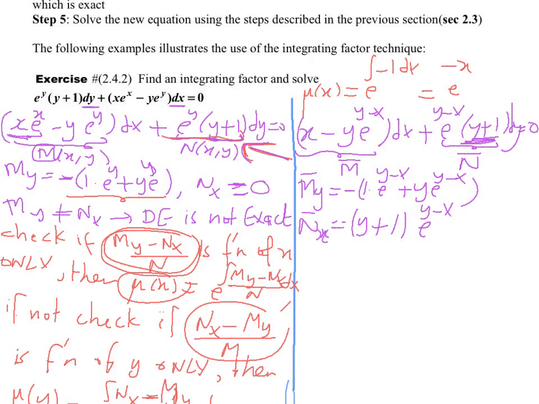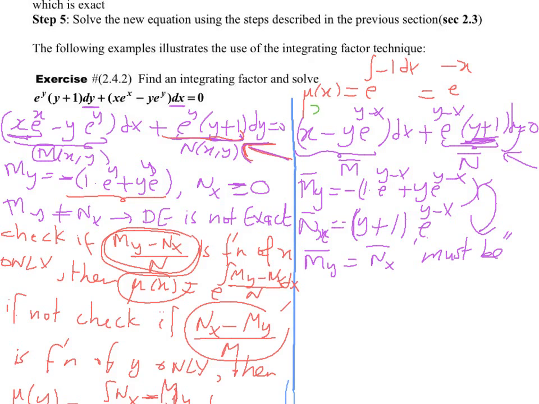So clearly these are equal if you expand the bracket. So My must be equal to Nx, because we have an integrating factor. We multiplied by the integrating factor, which means that this differential equation is exact.